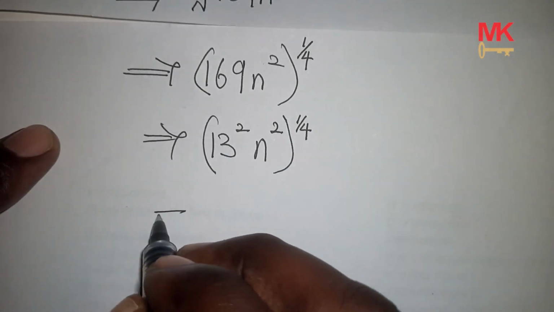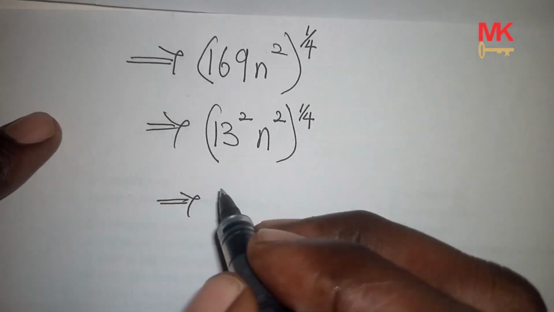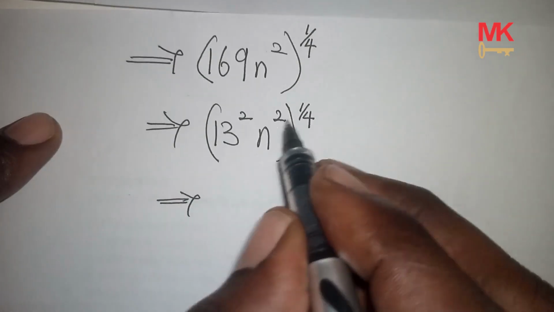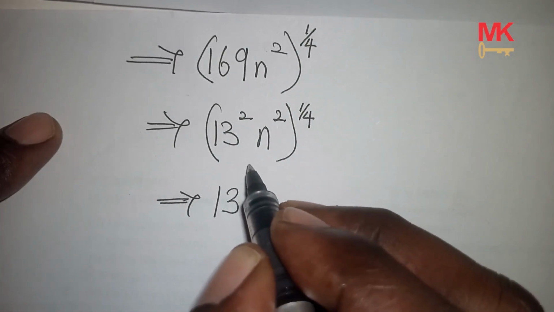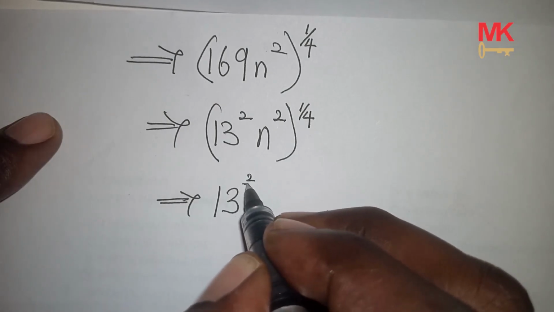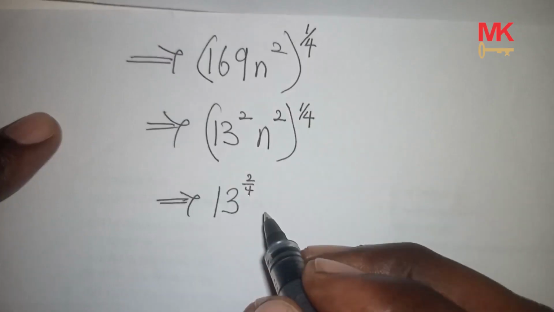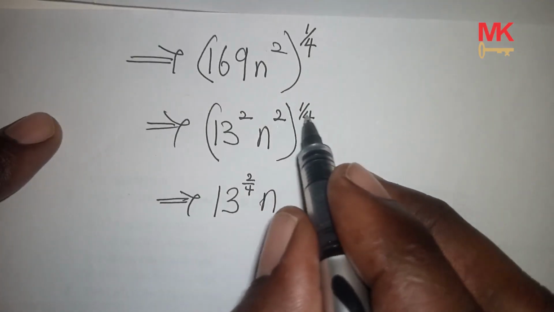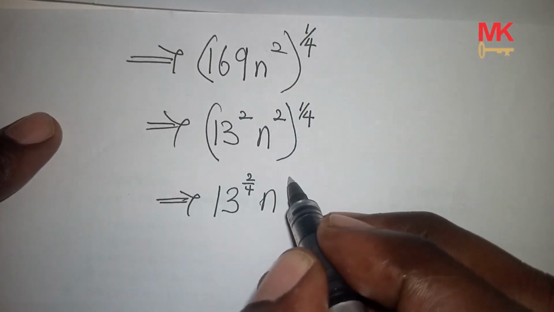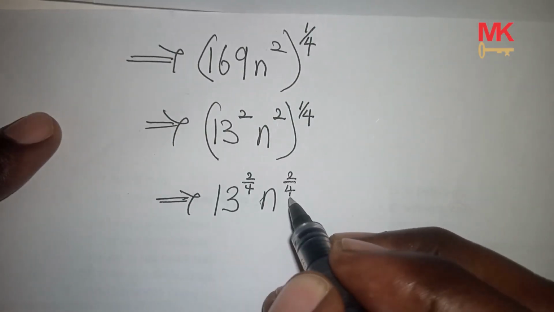So this implies 1 over 4 times 2 gives us 13 raised to power 2 over 4. Then the square of the n will also multiply 1 over 4 to give us 2 over 4.